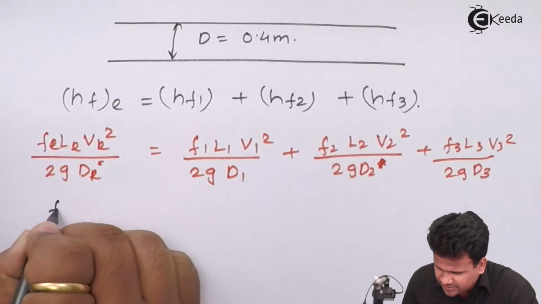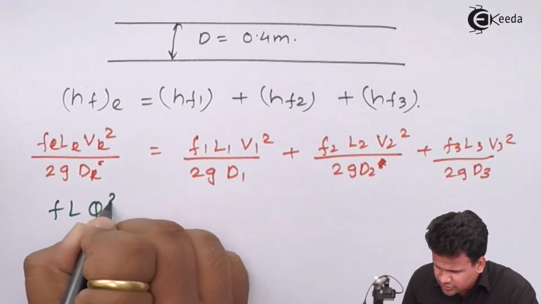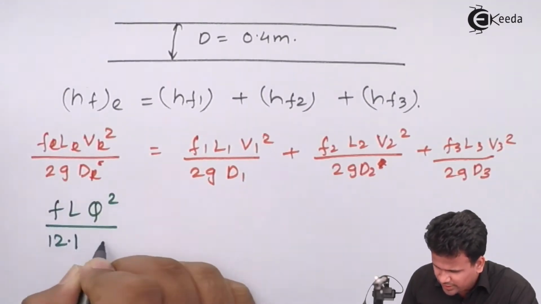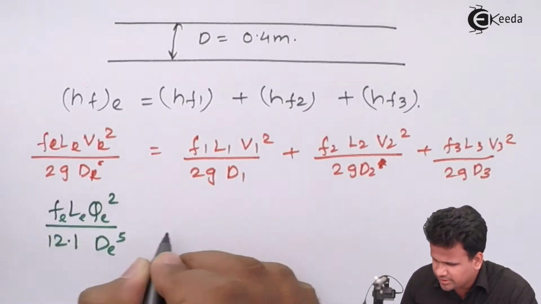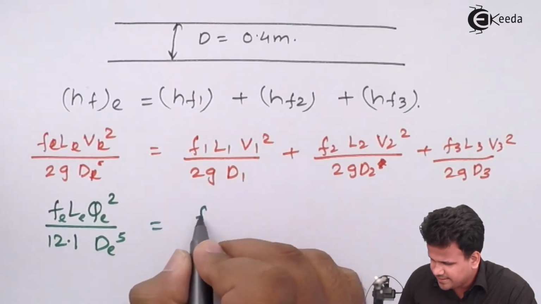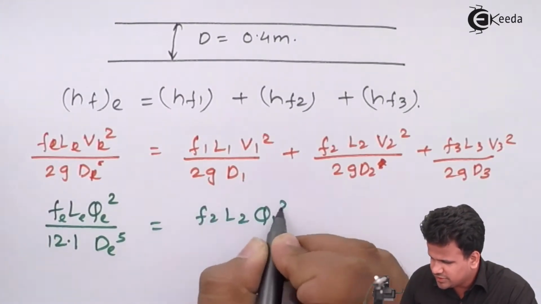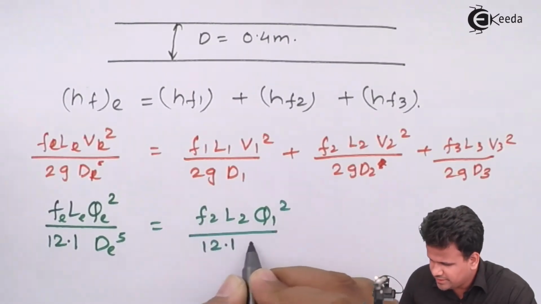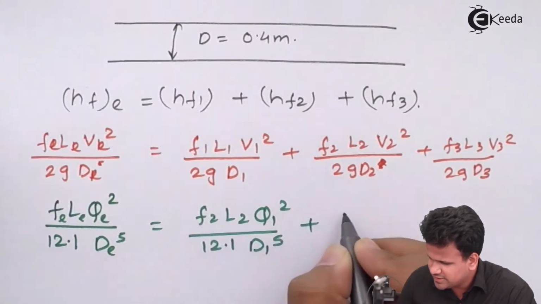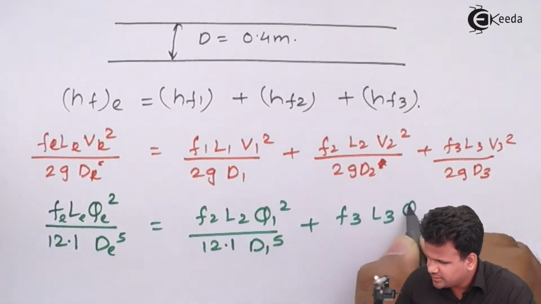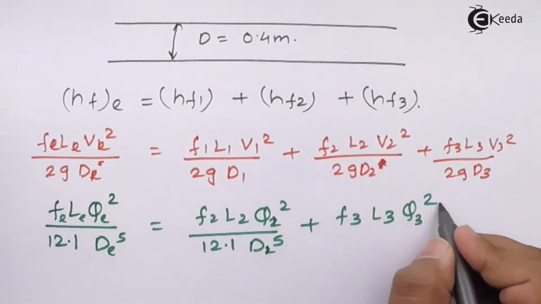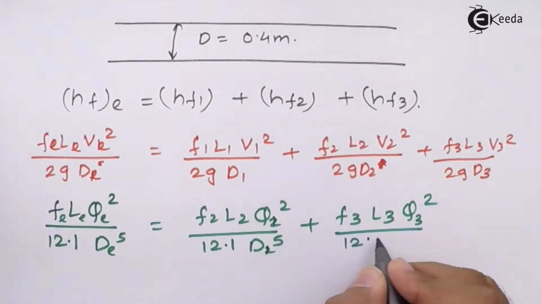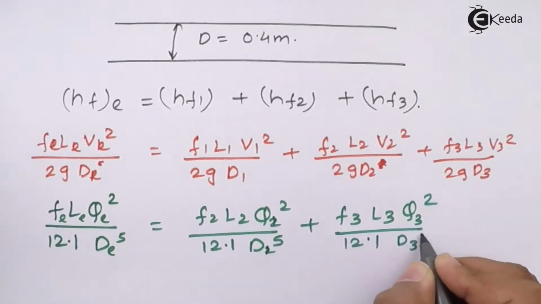So over here this can be replaced as F1 L1 Q square upon 12.1 D equivalent raised to 5. So this is equivalent. So this is F2 L2 Q1 square upon 12.1 D1 raised to 5 plus F3 L3, this is Q2, this is Q3 square upon 12.1 D3 raised to 5.